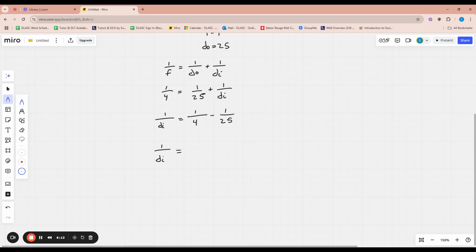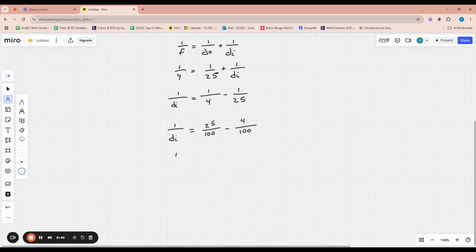It looks like a common denominator of 25 and 4 will be 100. I don't know if that's the least common denominator, but it's a common denominator, so we'll just work with it. To get to 100 from 4, we multiply by 25. And to get to 100 from 25, we multiply by 4. It's still minus. So 1 over d_i is equal to 21 over 100.